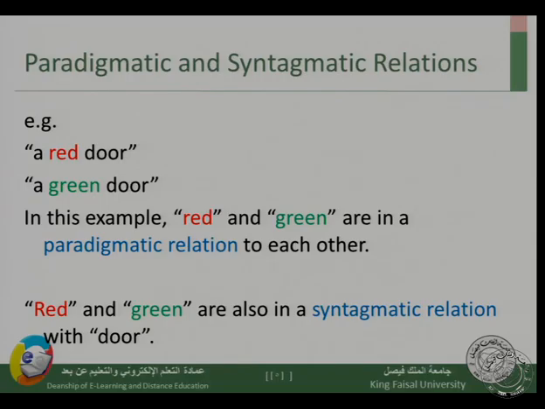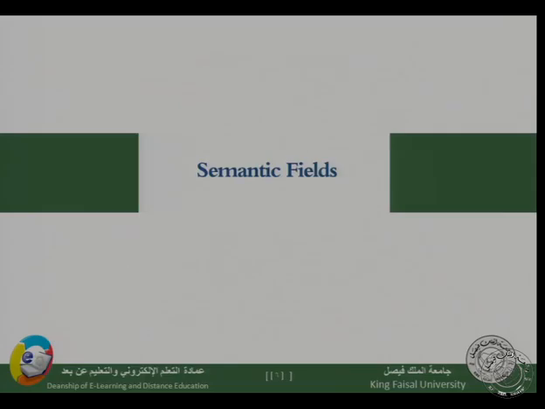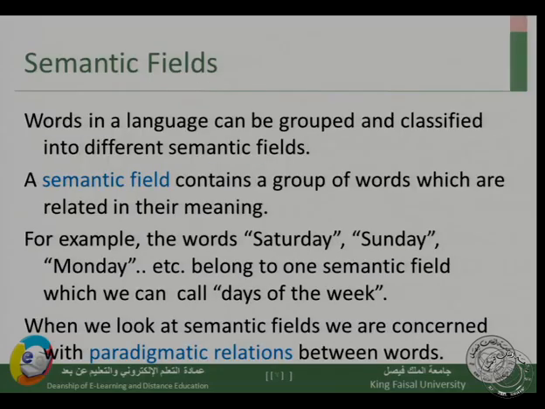In this lecture we will talk about the semantic field. Semantic fields are an example of paradigmatic relations. So what are semantic fields? A semantic field contains a group of words which are related in their meaning. So words can be grouped and classified into different semantic fields in a language.